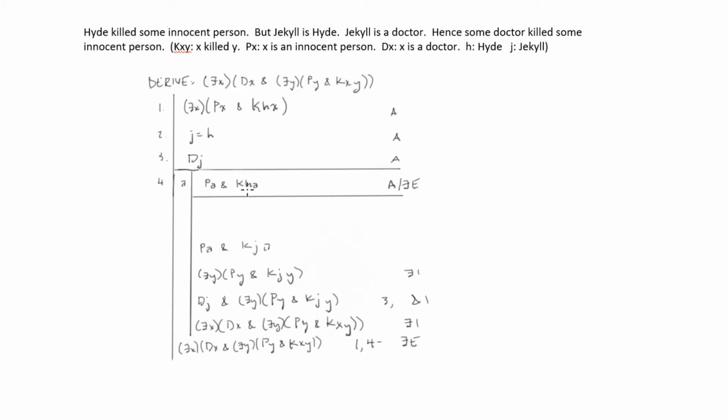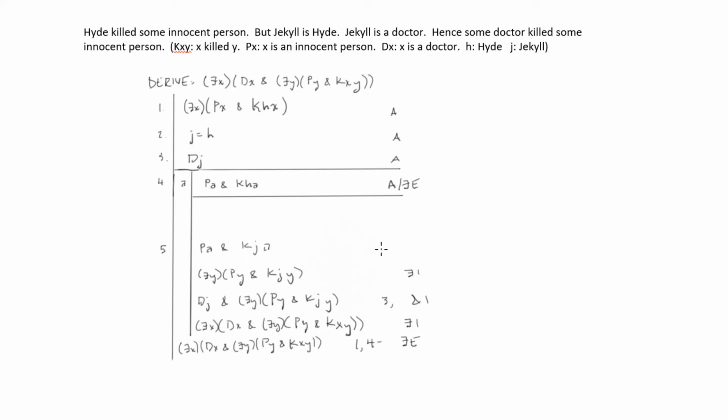If I can get that H and turn it into a J, then I can do existential introduction, and I would end up replacing the A's with Y's and adding the existential quantifier. Then the question, of course, comes in, how do I get this? And there's a number of ways to get it, but I'm just going to take the fastest way to get it. That's going to be actually the next line of my proof.